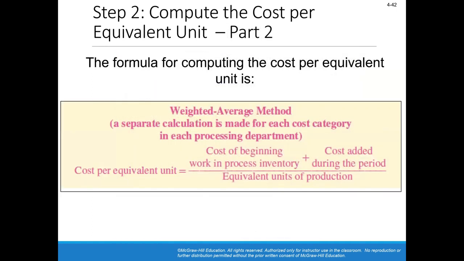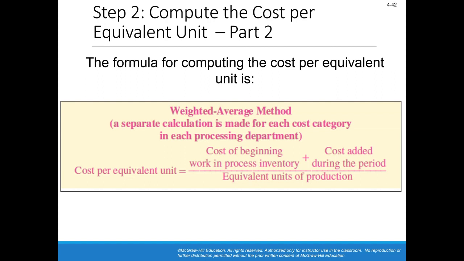All right, the formula for computing the cost per equivalent unit. We have the weighted average method, which is what we're going to be looking at. Cost per equivalent unit equals the cost of the beginning work in process inventory plus what's added during the period. So the two costs we just saw, the beginning cost plus the cost that was added, we add together and then divide by the equivalent units of production.